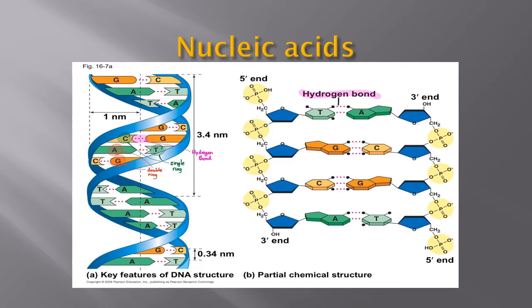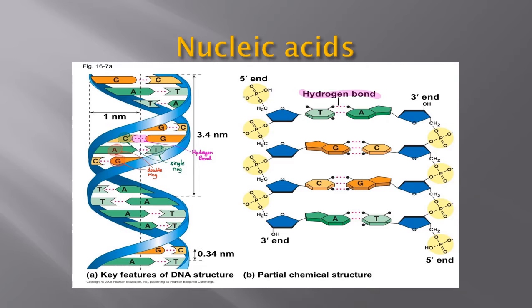The phosphate and sugar are attached together by what is called a phosphodiester bond. Now these two strands run in opposite directions, and pointing inwards from the sugars you find the nitrogenous bases. The nitrogenous bases are attached by hydrogen bonds.